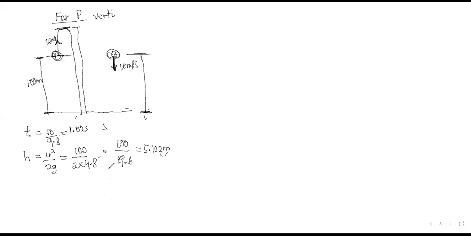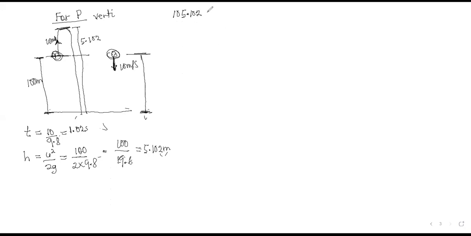What it means is that the maximum height is this. So the total height from the maximum height to the ground will be 105.102.